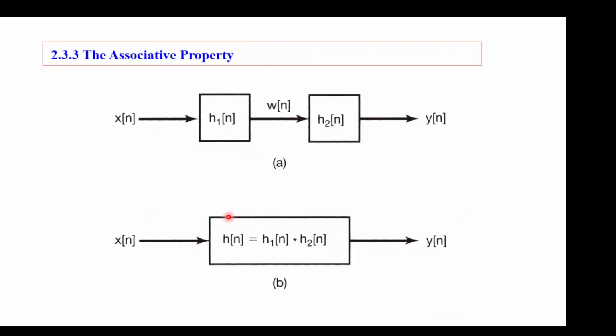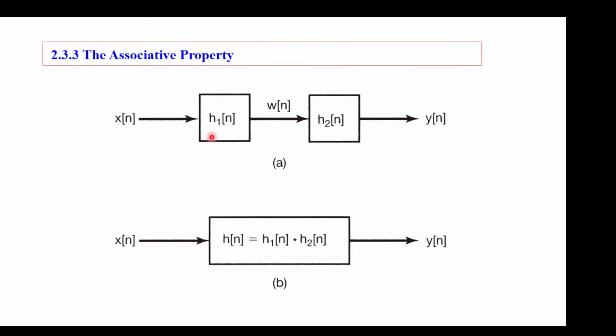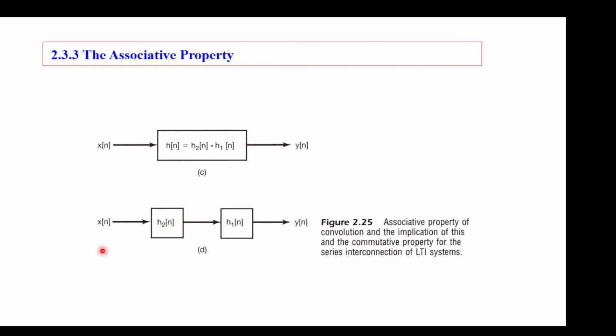So what we have shown is that you can change the order of two LTI systems. Going through the h1 system first, then the h2 system second, is the same as going through the h2 system first, then the h1 system second.